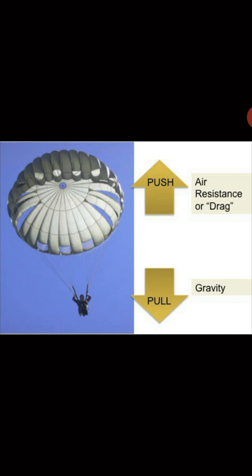The parachutist is coming down, so the pull is downwards, and air resistance will be in the opposite direction, that is, up. That is why the arrow for air resistance is shown up. Air resistance also acts on objects which are in the air, in the surroundings, where the objects are exposed to air.